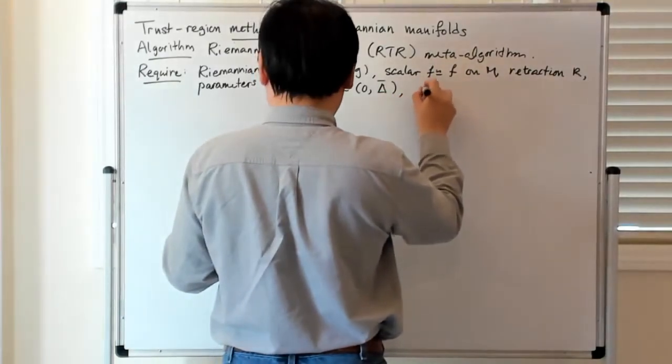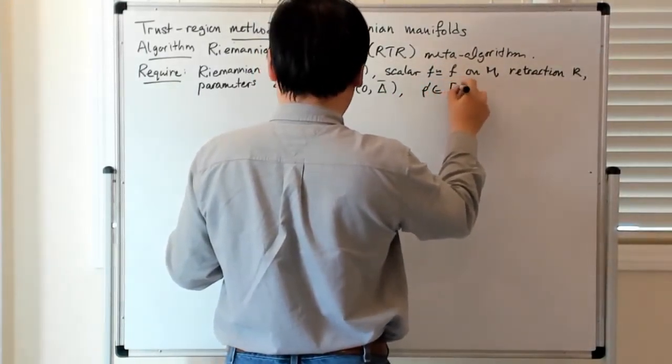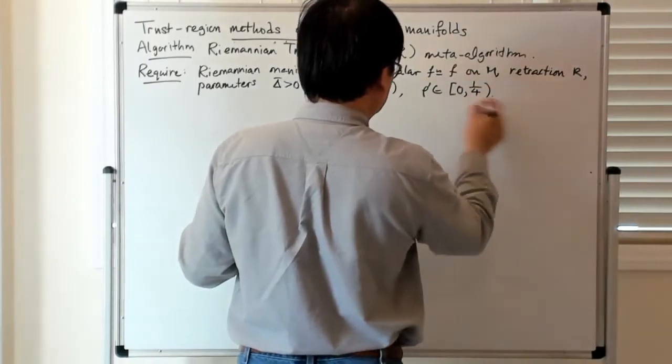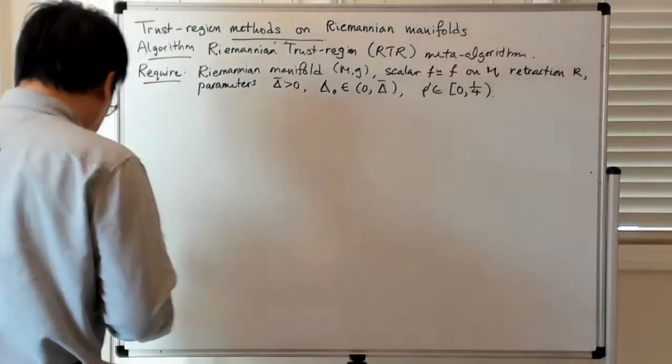right? Then you have some rho prime, which is in the interval from 0 to a quarter.